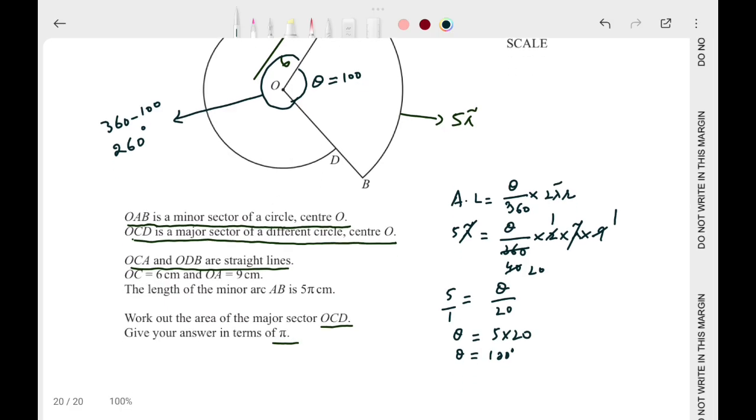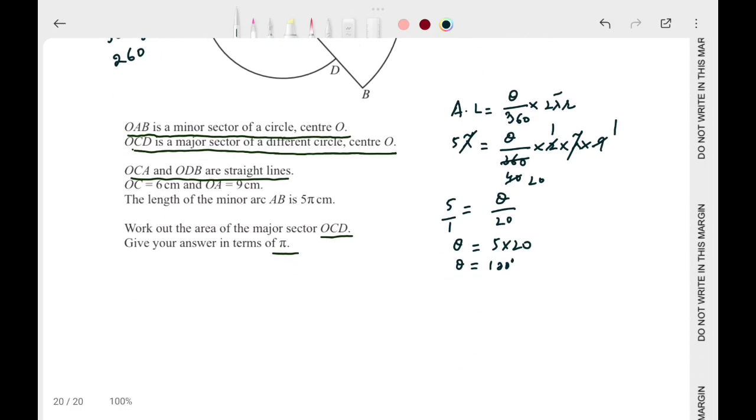Now the area of major sector would be equal to theta over 360 degree into pi r square, and we have to give our answer in terms of pi. So area would be equal to theta we have already subtracted from 360 degree, so it is 260 over 360 times pi times 6 square.